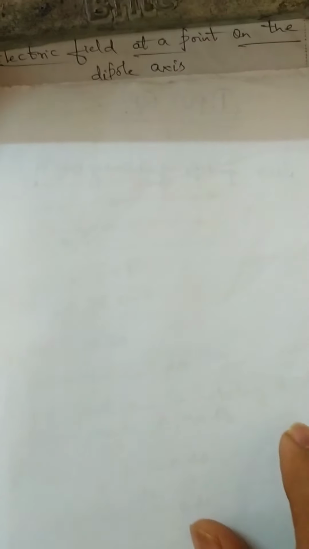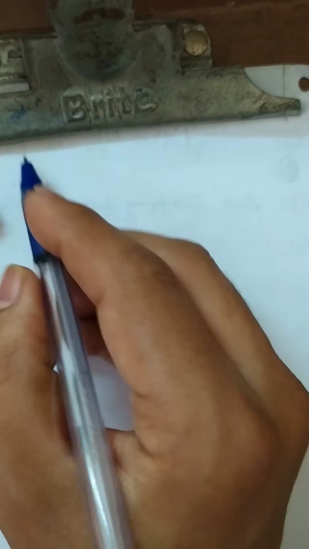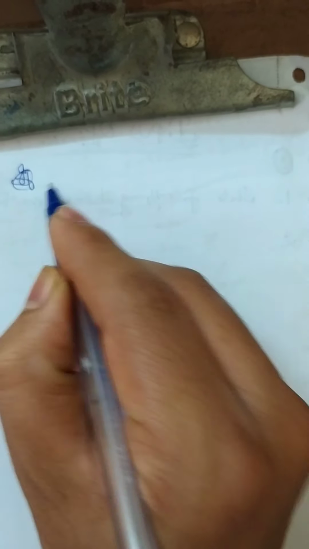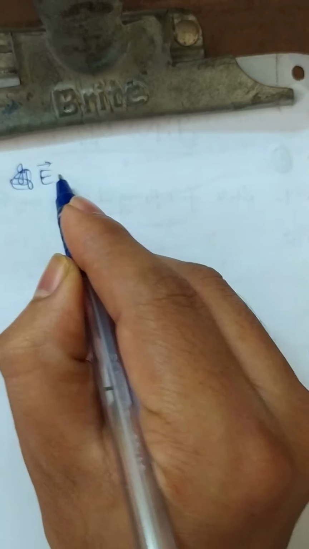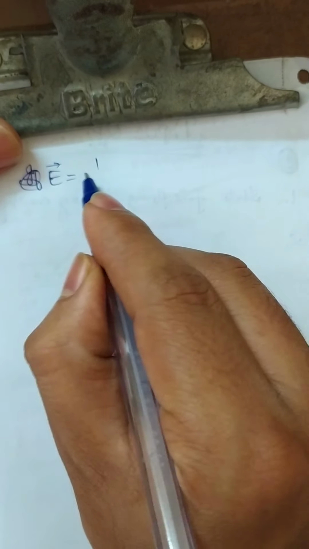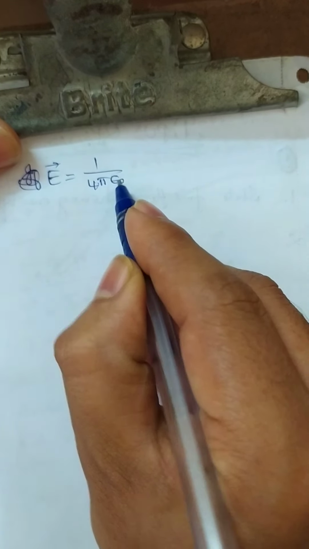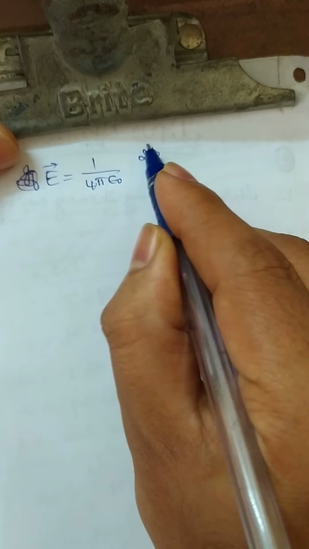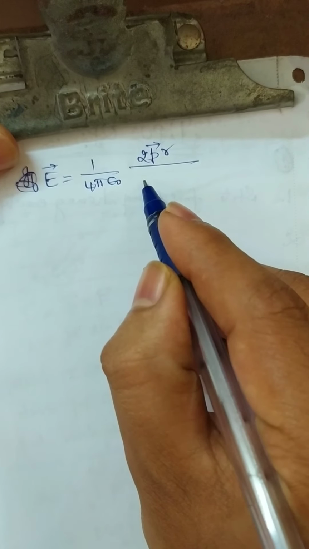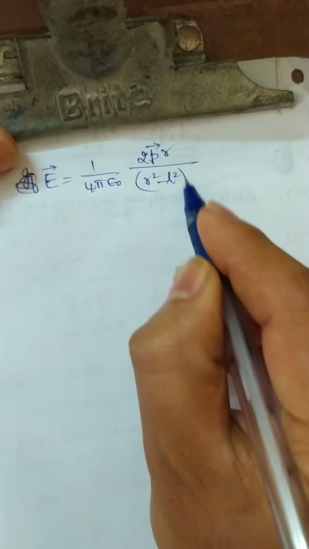Okay, the next case we have. Once again I am going to write the final expression: vector E is equal to 1 by 4 pi epsilon naught into 2 p vector r divided by (r square minus L square) whole square, right?